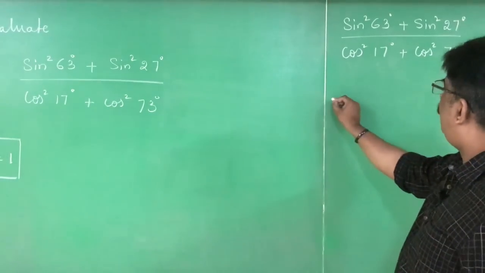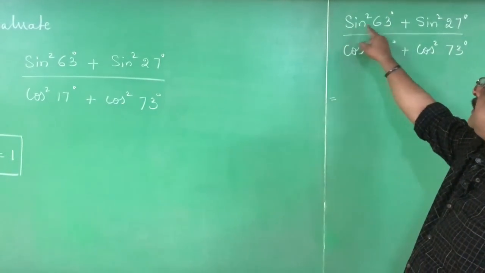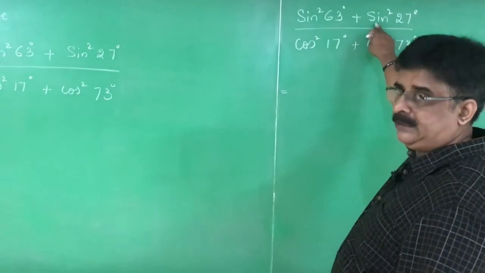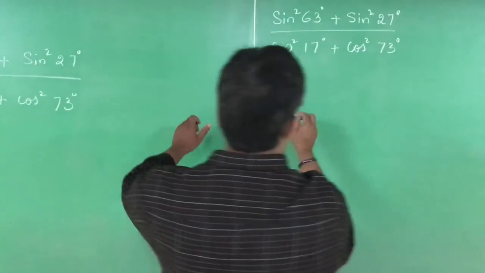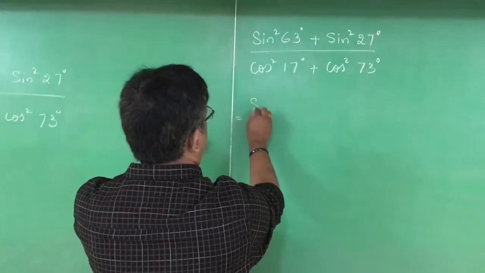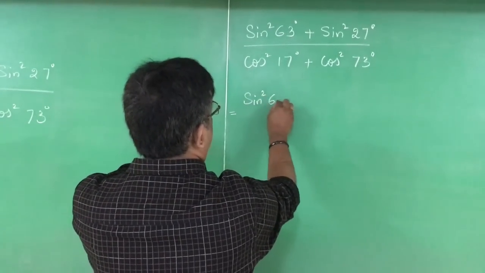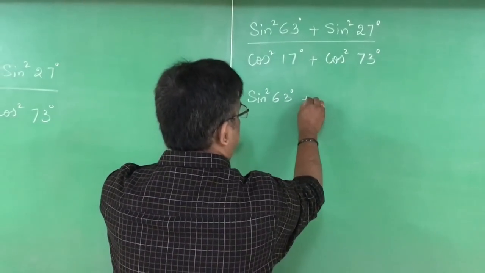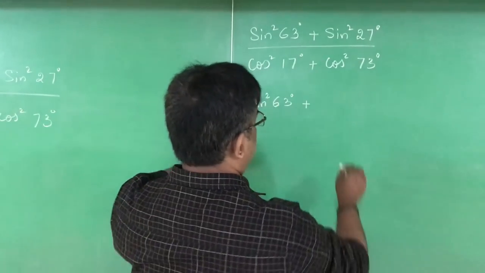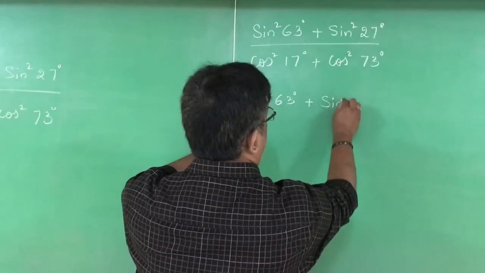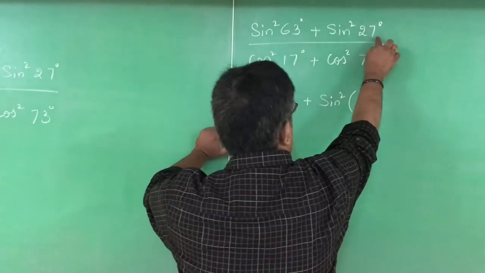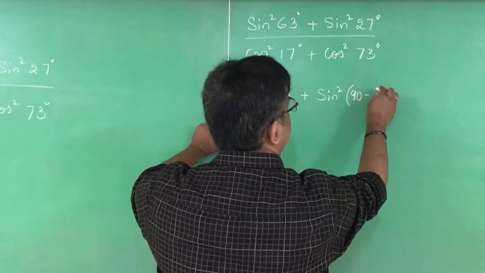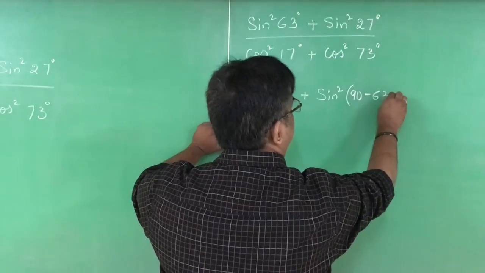See, what I do is, I keep this sin as it is. I change this as cos. How to change this as cos? By using the concept of complementary angles. The first one, sin square 63 as it is, plus this one I write sin square, instead of 27 I write 90 minus 63.